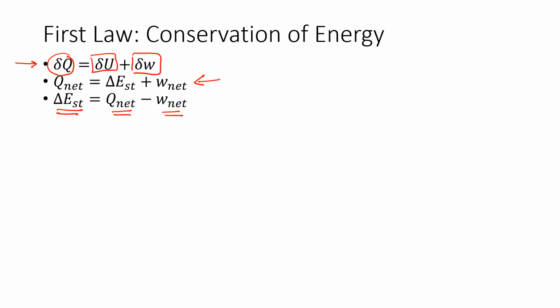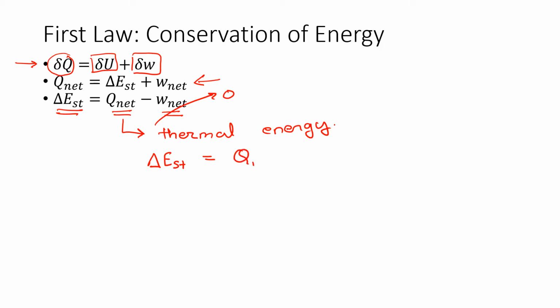Now, if there is no work done on the system, we can ignore this term, and there will only be transfer of thermal energy into or out of the system. So this will make our first law of thermodynamics as the energy stored in the system is equal to the net thermal energy going into or out of the system.